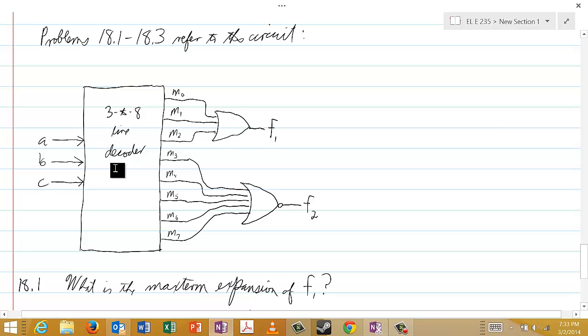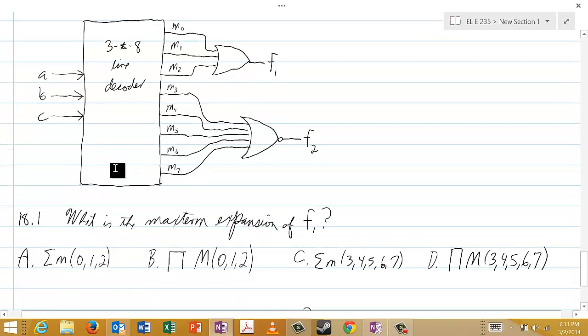We have uninverted outputs. So this is a min-term generator, as is noted right here. And this is an OR gate, and F1 is the output of that OR gate. And this is a NOR gate, and F2 is the output of that NOR gate. And you see the connections here.